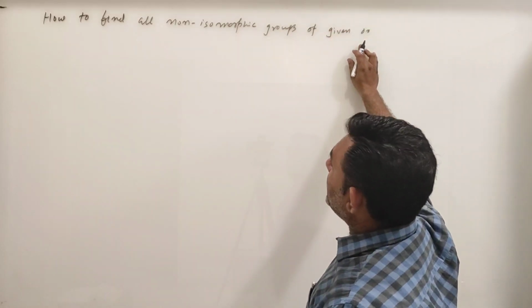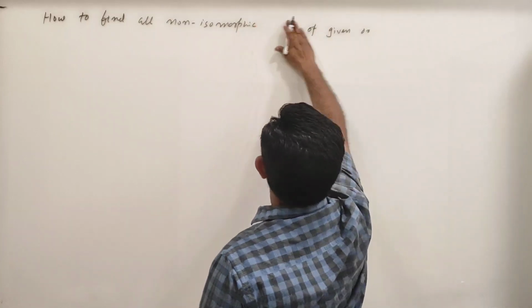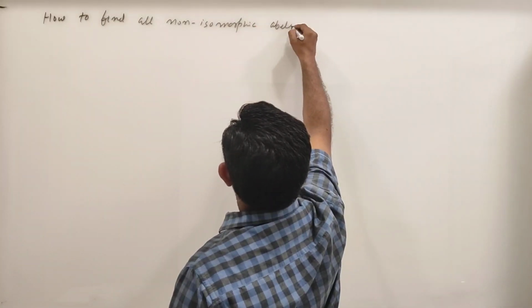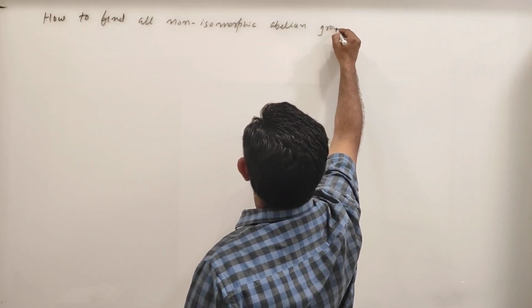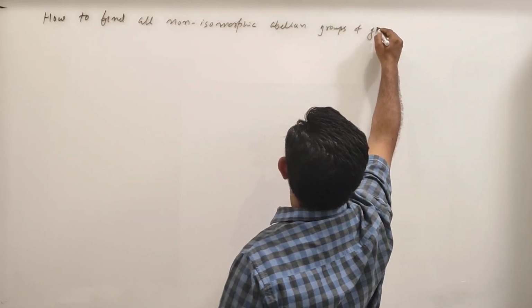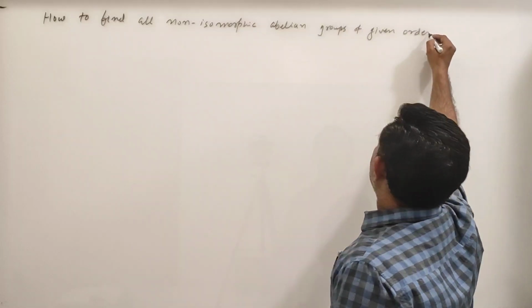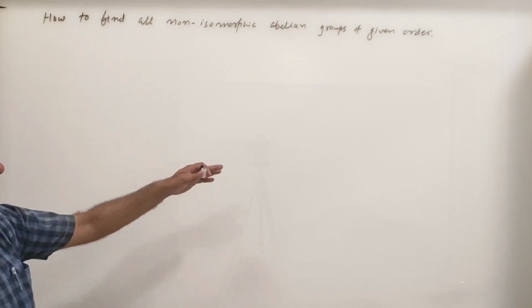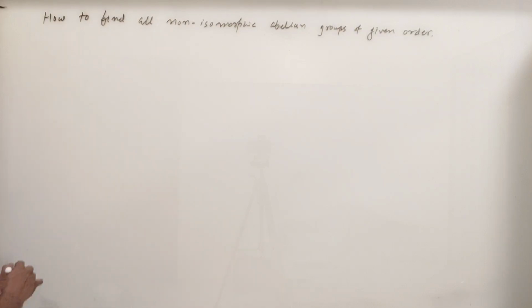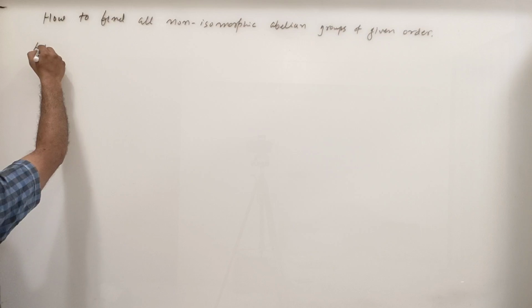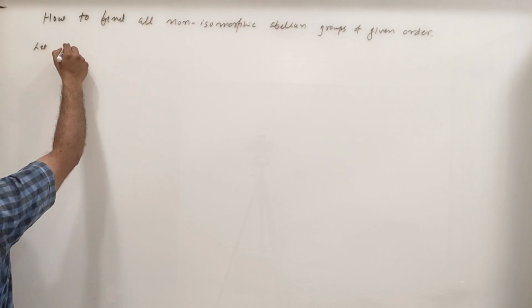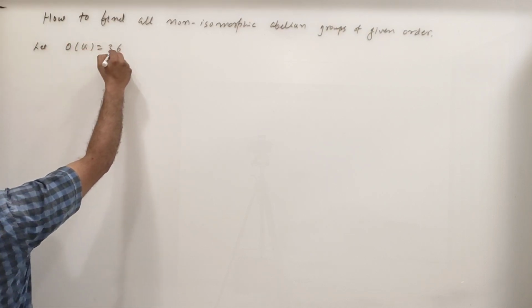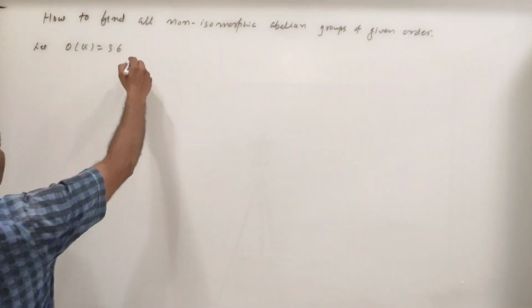How to find non-isomorphic abelian groups of given order? So let us start with order 36 as we discussed. So let order of G be equal to 36 and G is abelian.